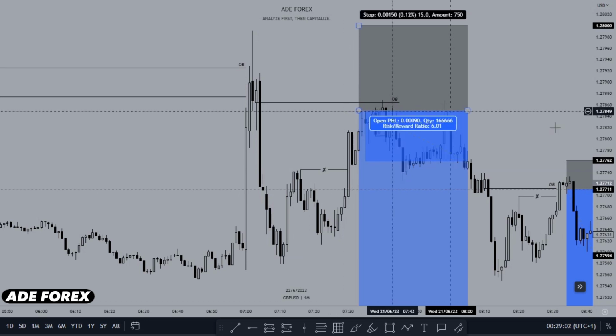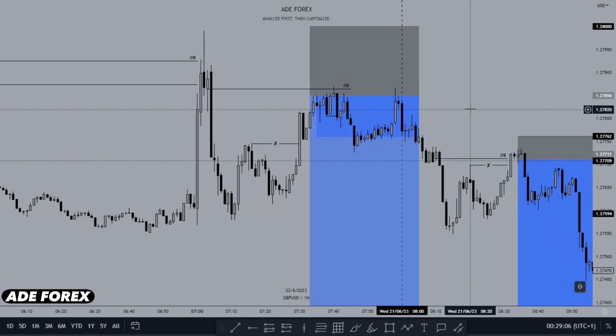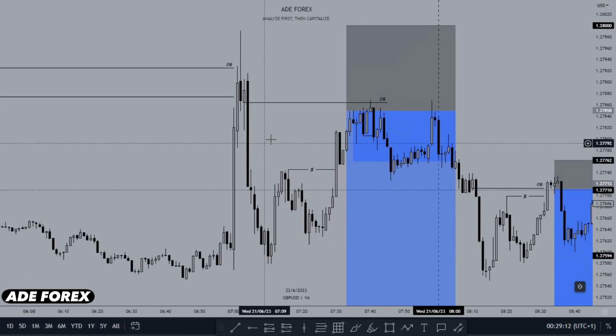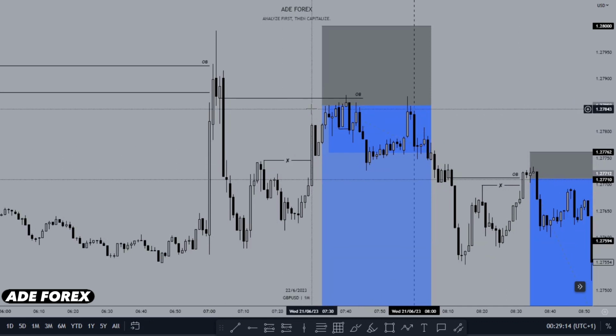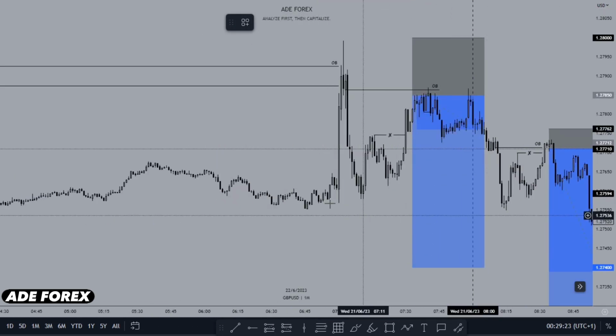I love using round numbers. That's how all my entries are. That's how I trade. After that, I was happy to set my limit order, and I went for a 1 to 3 RR, and it was a really nice setup.